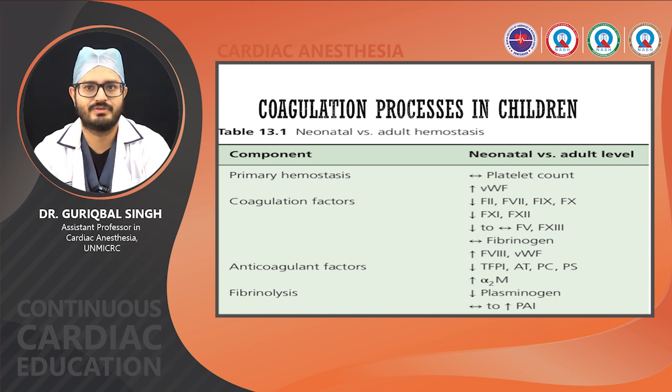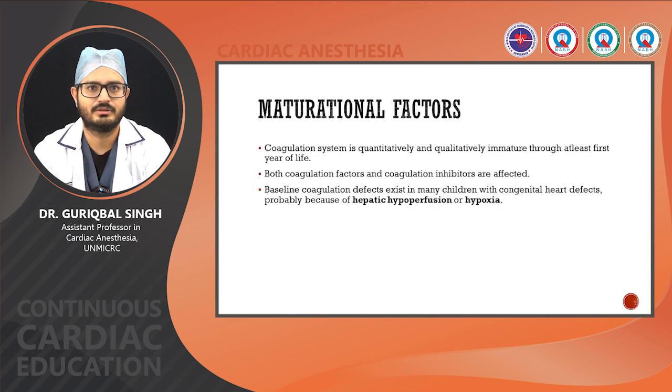Factors 2, 7, 9, 10, 11 and 12 are less in neonates in comparison to adults, while fibrinogen is the same. Factor 8 and von Willebrand factor are higher in neonates, while all the anticoagulant factors are comparatively less except alpha 2 macroglobulin, and for fibrinolysis the plasminogen concentration is less.